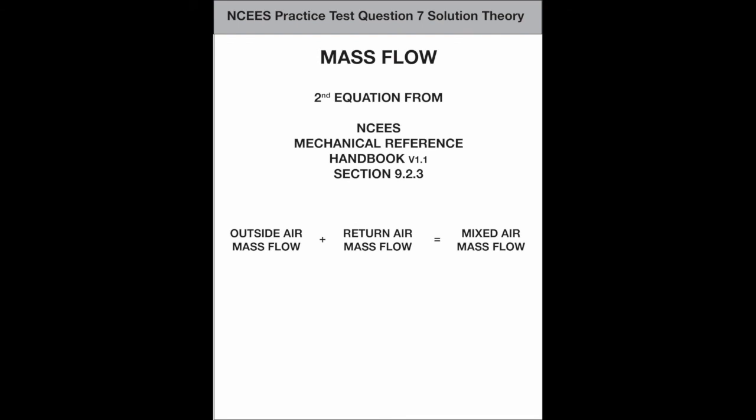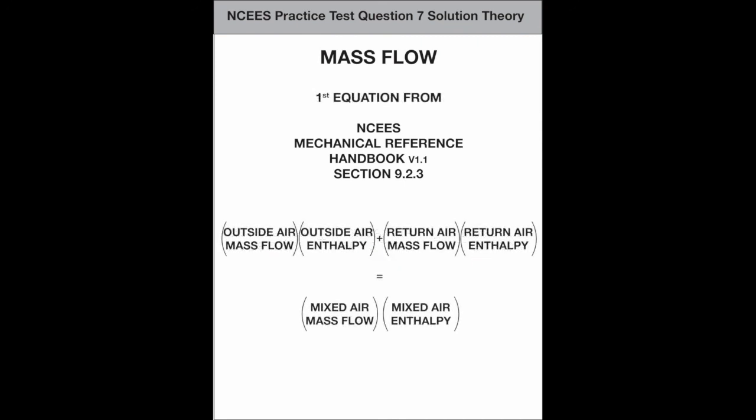Use the second equation from Section 9.2.3 in the reference handbook to determine the mixed air mass flow. 352.6 plus 1,083 equals 1,435.6.